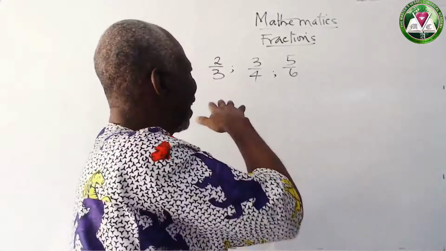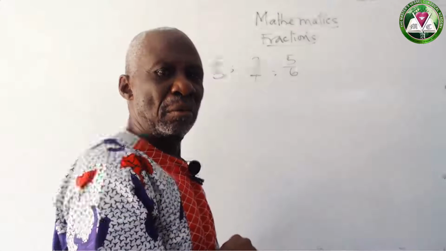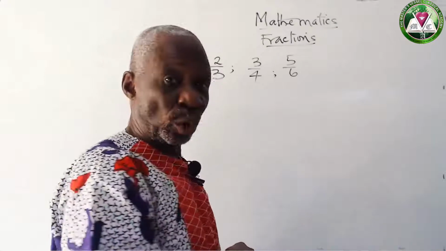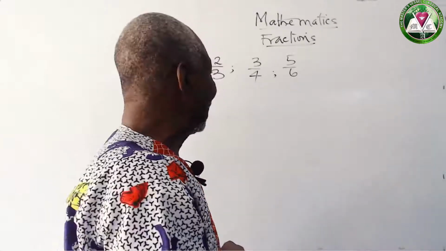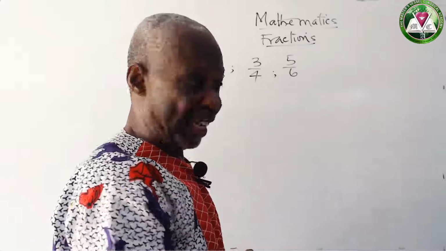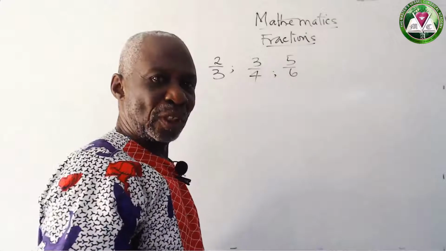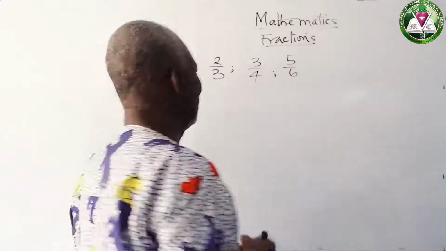We have to find a common denominator for the three numbers. That is what we call LCM, but here it is LCD, least common denominator. So we look at it. The number there, of course, you know, is 12.